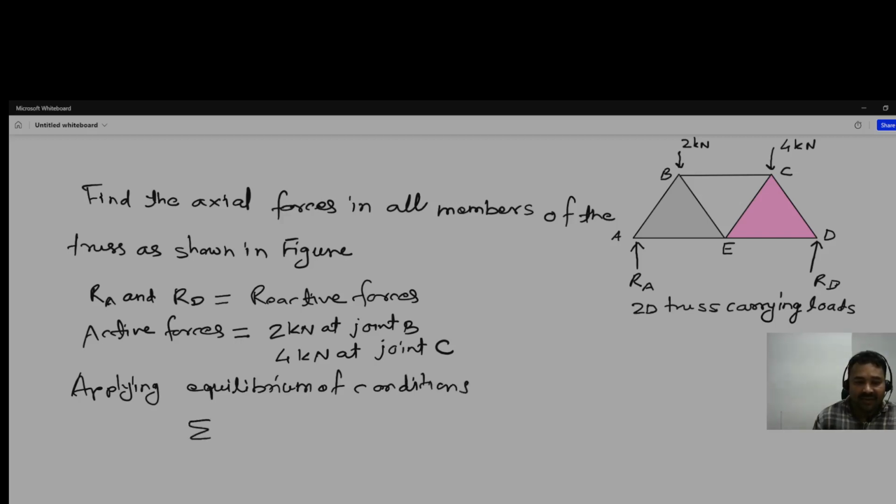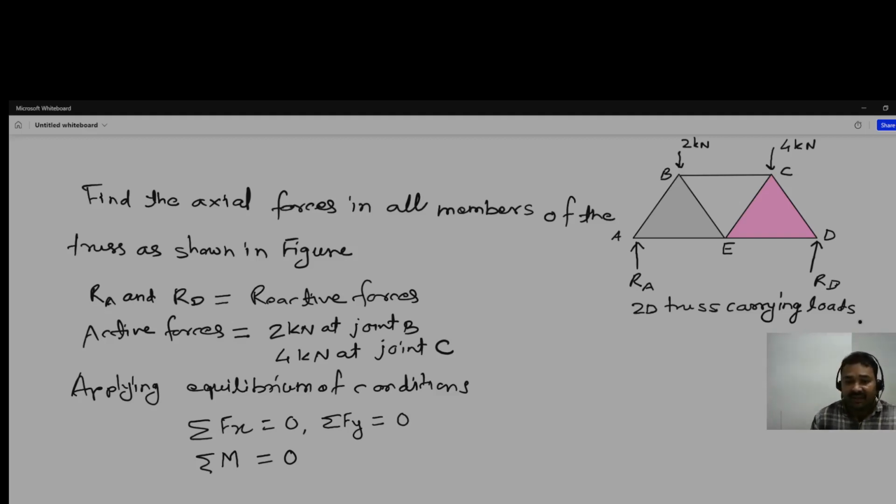So first one, summation of forces is equal to 0, and the second one, summation of moment about any point is equal to 0. Here, because it is 2D, summation of forces in y direction also is equal to 0. So we have three equations.